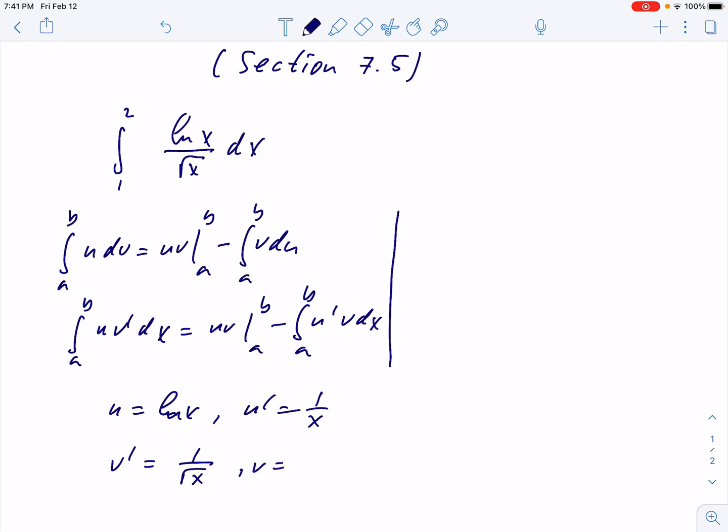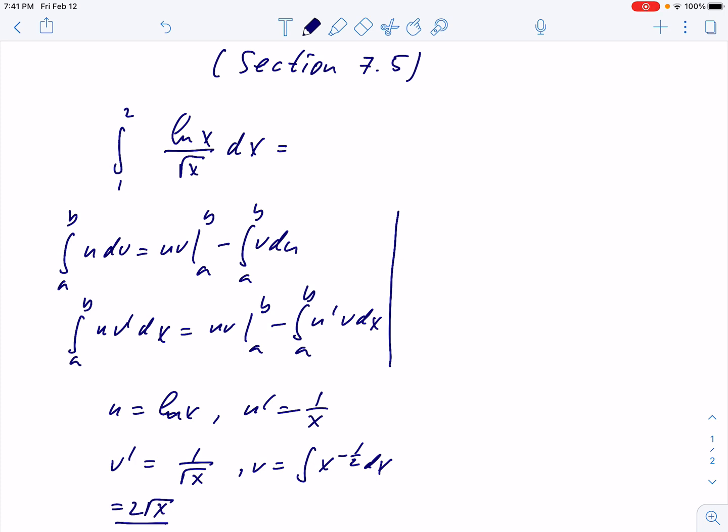So v will be the antiderivative of this. I shall write x to the negative 1/2 dx. And this will be x to the plus 1/2, so square root of x, divided by 1/2, which is multiplication by 2. So that's v. I have u, I have v, and I can go and start solving this integral.